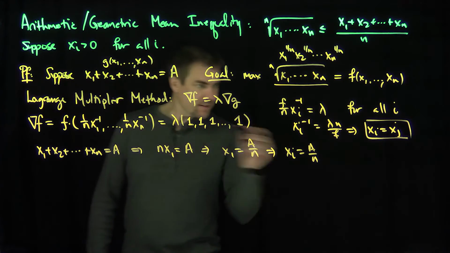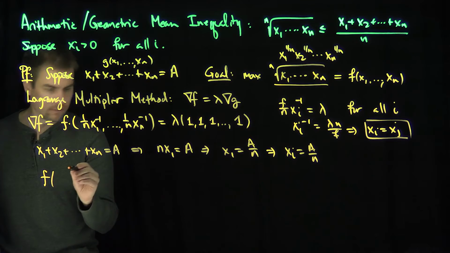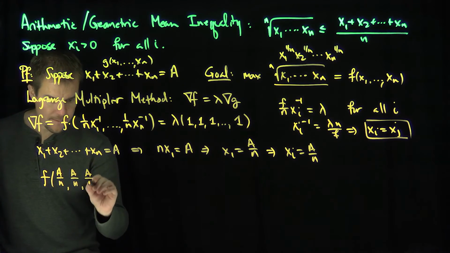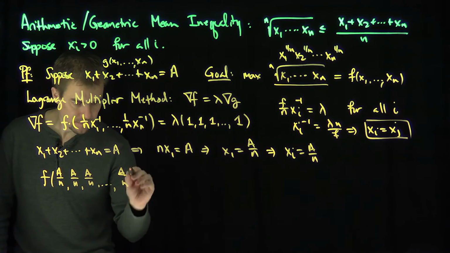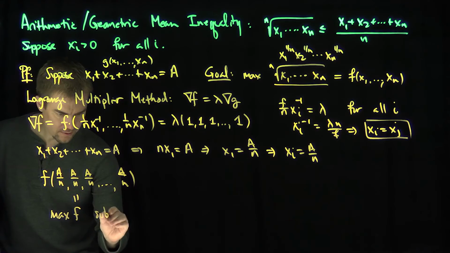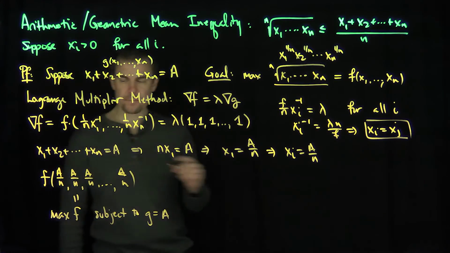So xi is equal to a over n, so let's plug that in. I have f of a over n, a over n, through a over n, which is the max of f subject to g equals a. And what is this?